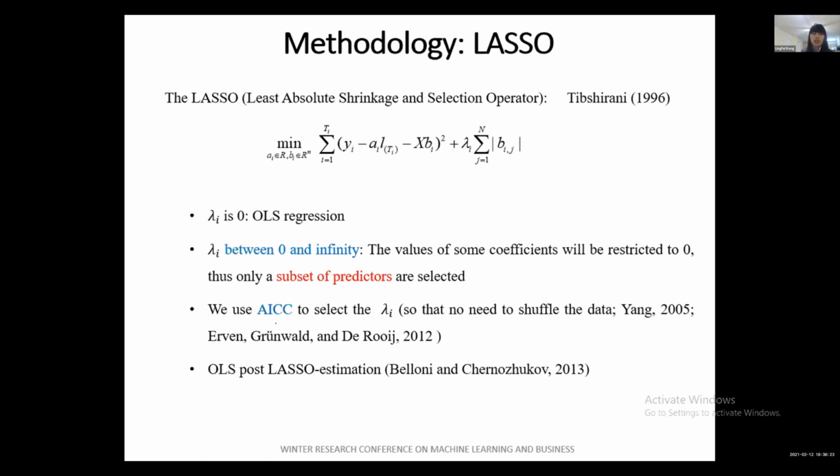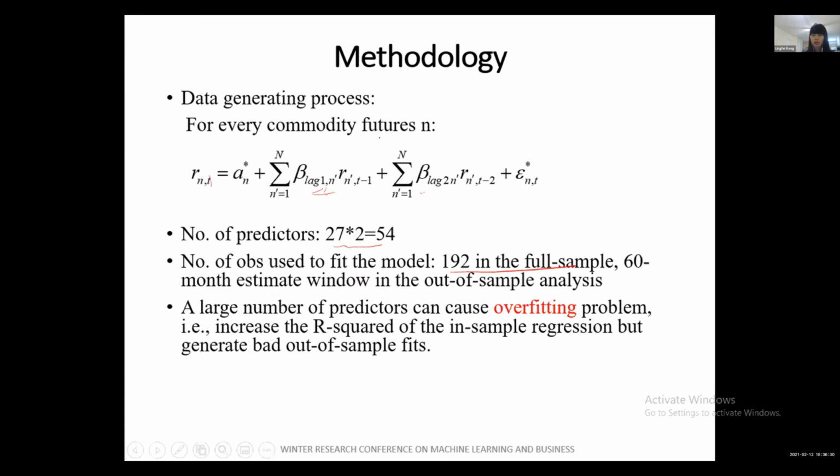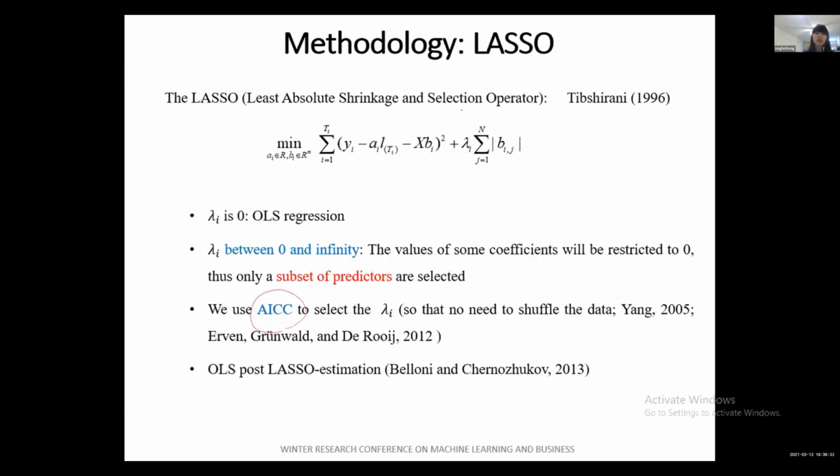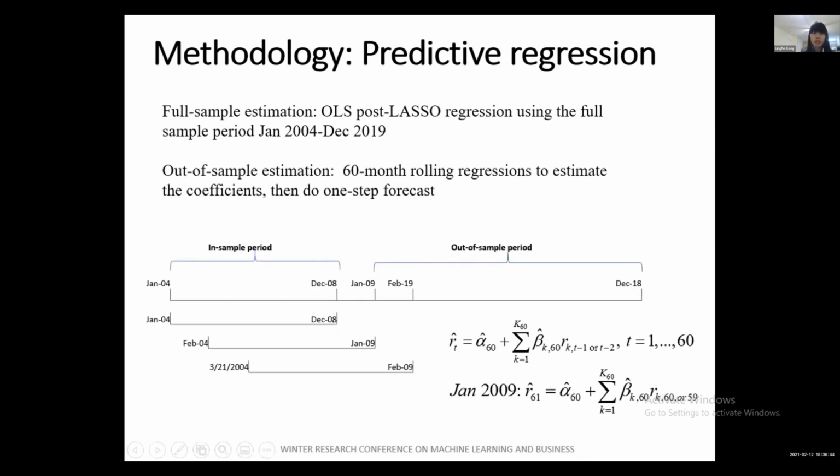In the main analysis, we use AICc to select the lambda so that we don't need to shuffle the data, because we are doing a time series regression. But we use cross-validation to estimate the lasso anyway, and the results are robust to cross-validation. We also use OLS post-lasso estimation to reduce the bias of lasso coefficient estimates.